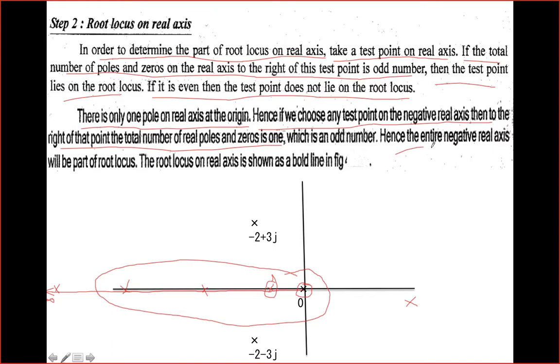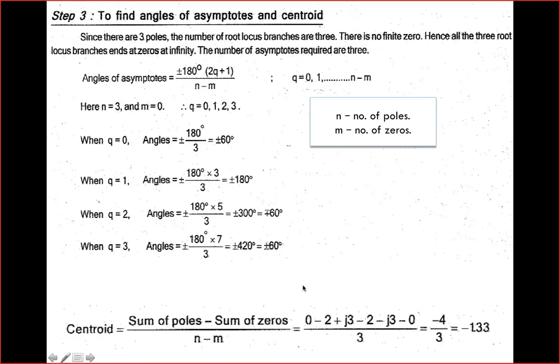Hence, the entire negative real axis will be the part of root locus. Because of this condition, the entire negative real axis will be the part of the root locus. So root locus on real axis is shown. I have drawn this. So negative real axis starting from 0 எல்லாமே வந்து branch தான். So ஒரு branch கண்டுபிடிச்சாச்சு.